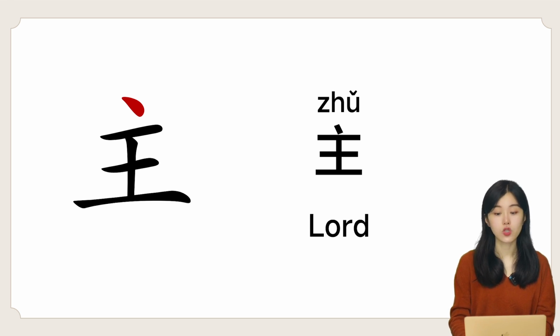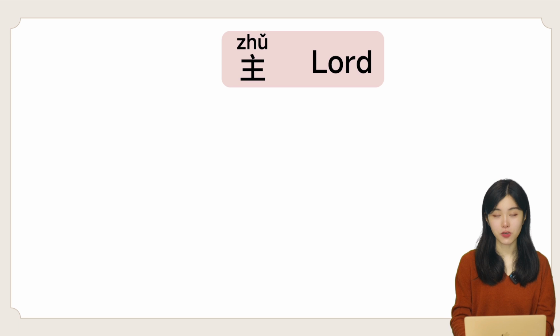主 means Lord. Please read it after me. 主. See how to write it. We should write it from the top to the bottom. So first we write the dot we just learned here.